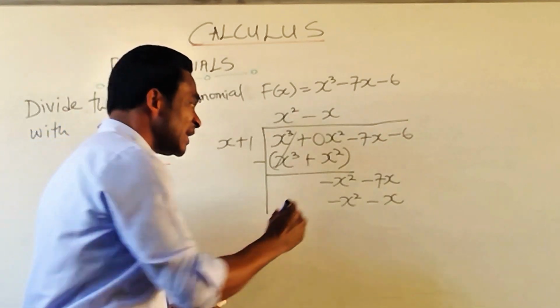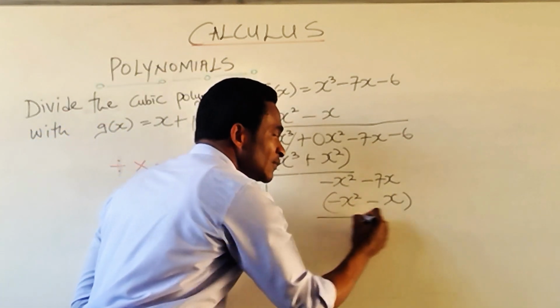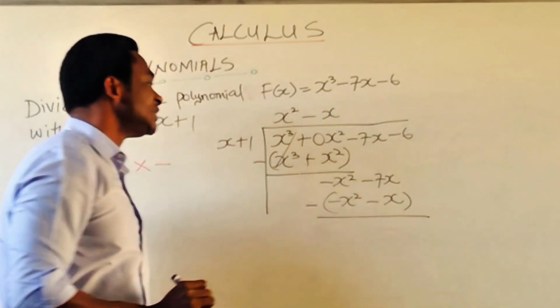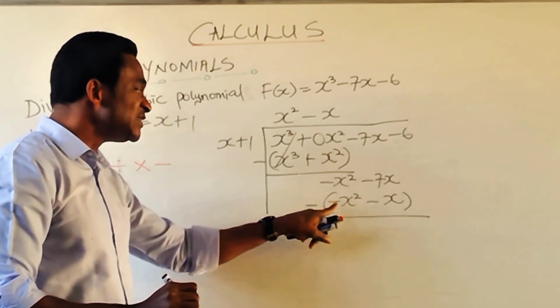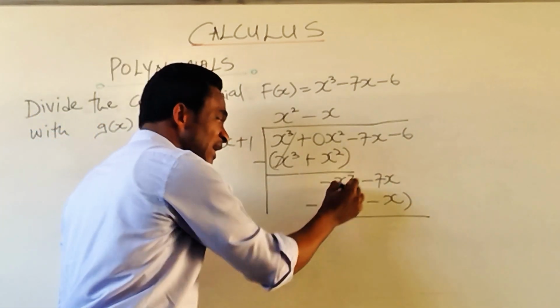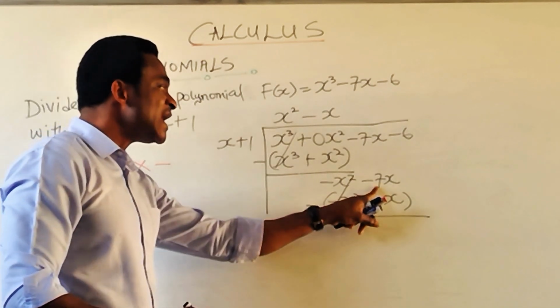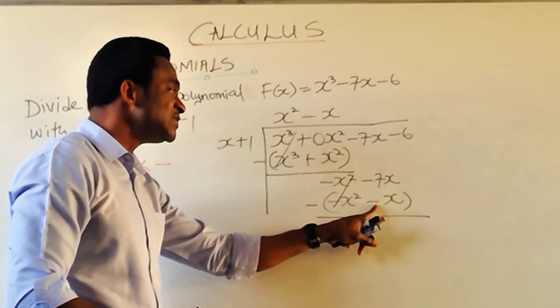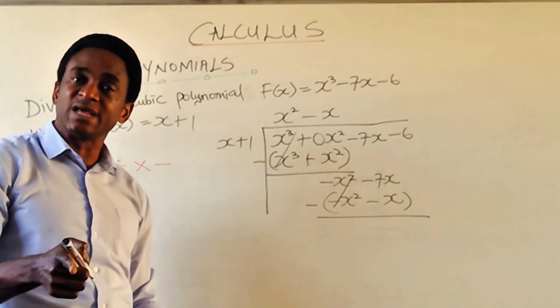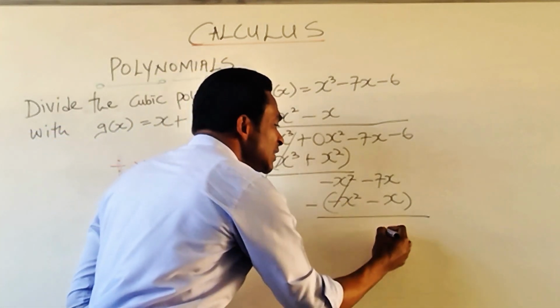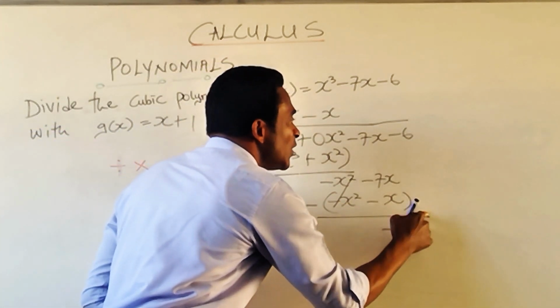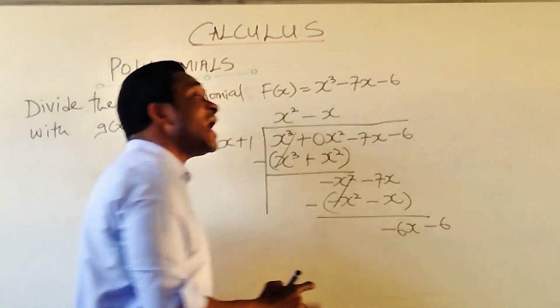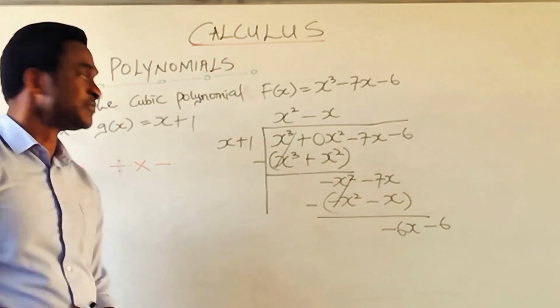We subtract again. Negative x, negative is positive. It cancels out. Negative 7, negative, this is negative 7 plus x. That gives us negative 6x. We bring down whatever is left and repeat the process again.